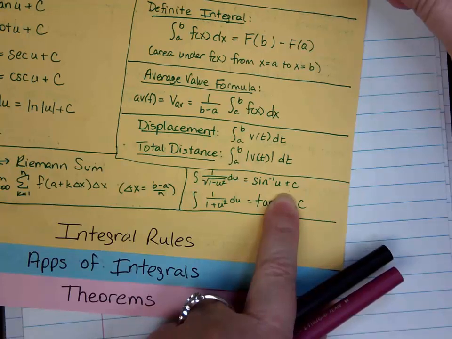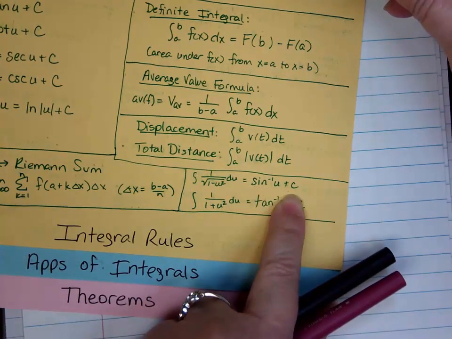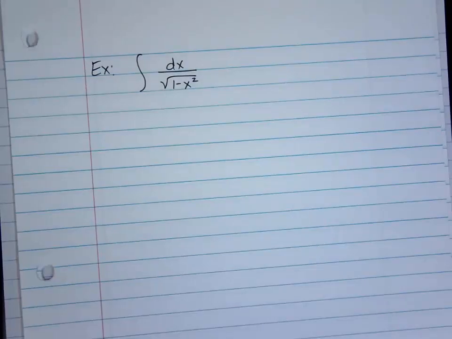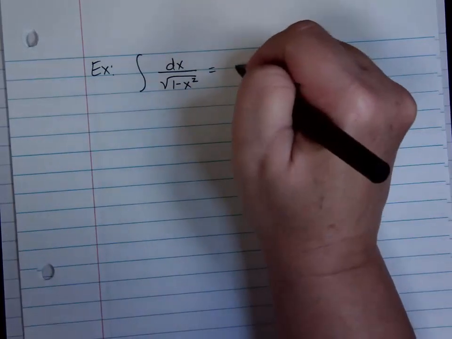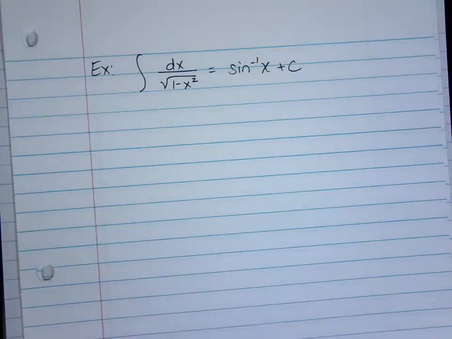It is only sine inverse of x plus c, and I'm done. That's why you need to know this one. If u sub doesn't work, you've got to go down a different path. Kind of looks like u sub, but it's a misnomer. It's going the wrong way.